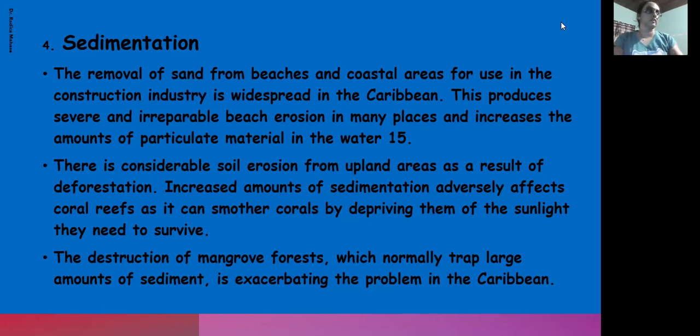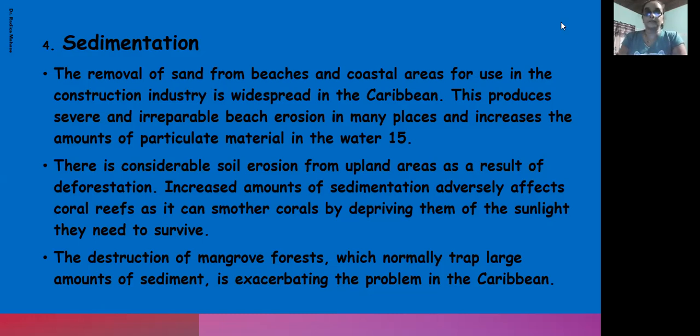When you are constructing beachfront property, you might be digging up the area, you might be using heavy equipment, and all these will loosen the sediment. And where does that sediment end up? In the sea. If it's on the fringe of the coastal reefs, it ends up on the corals.